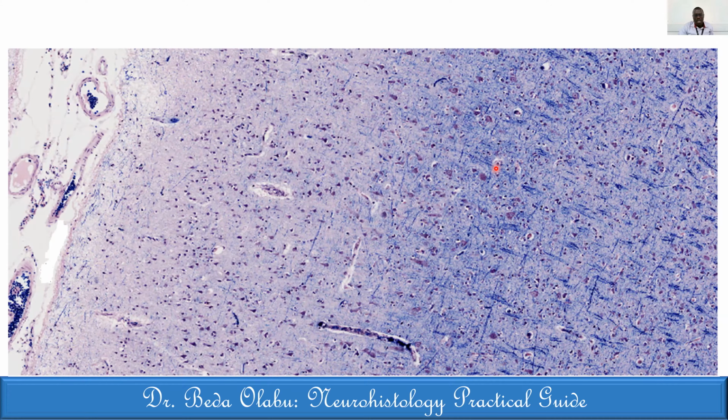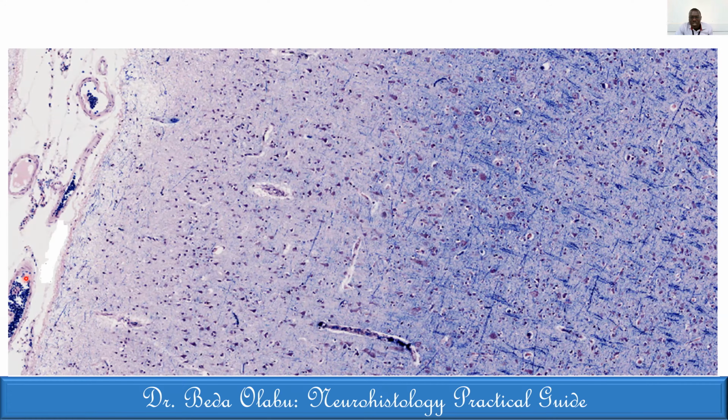The other important thing to mention is that you can see a thin membrane on the surface that is consistent with pia mater, and external to that, you can see blood vessels consistent with the blood vessels within the subarachnoid space.